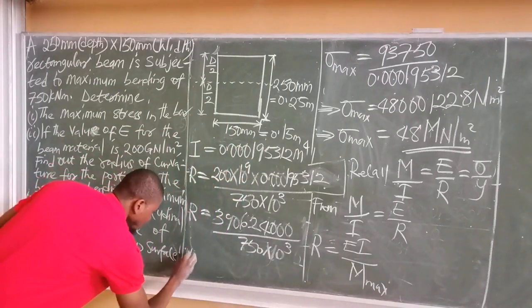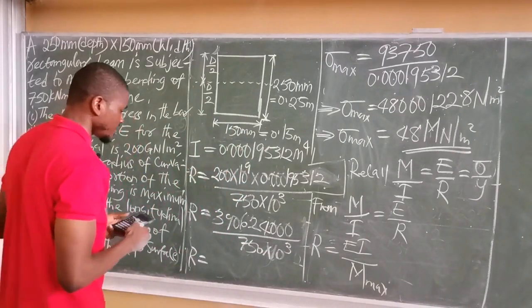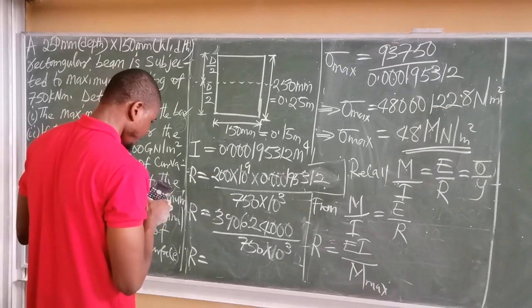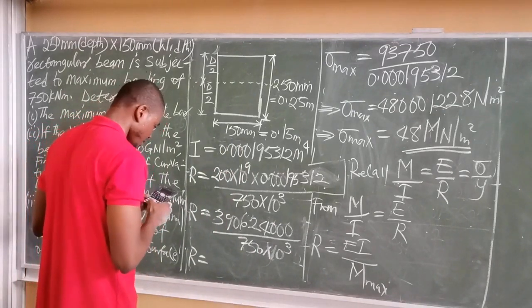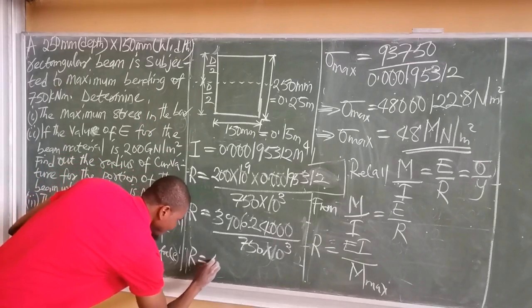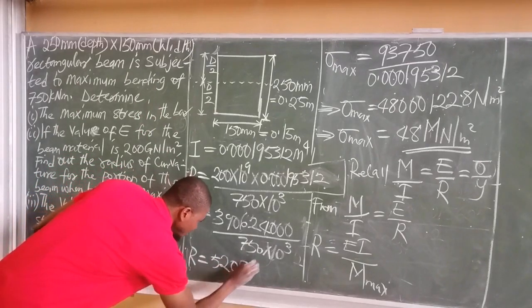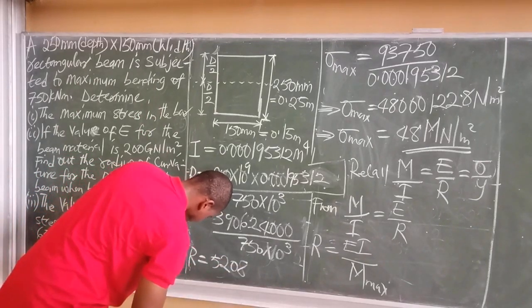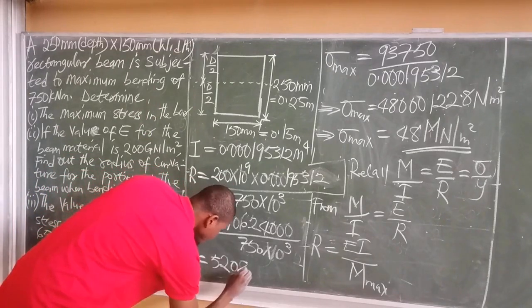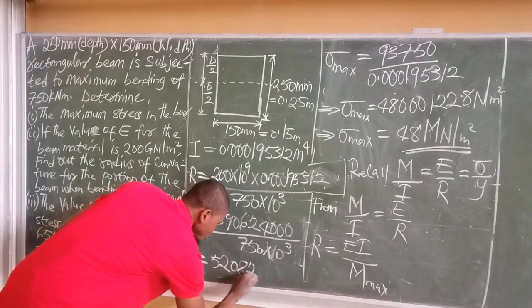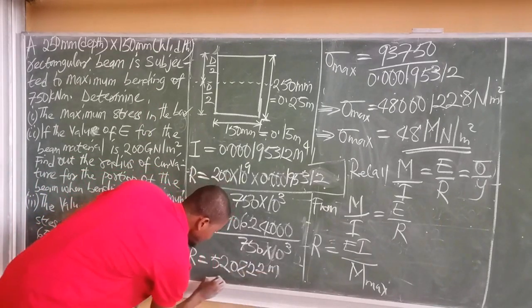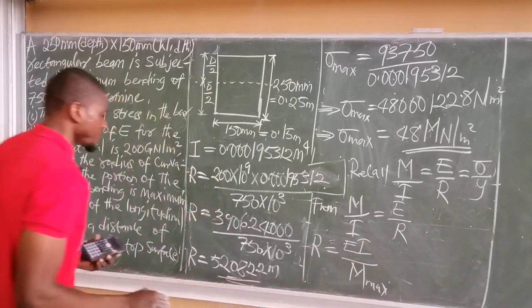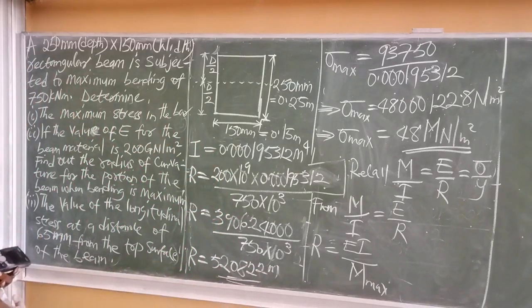So therefore, we can obtain the radius of curvature by simply dividing by 750 exponential 3. That gives us 520822 in meters. So this becomes the radius of curvature for the material.